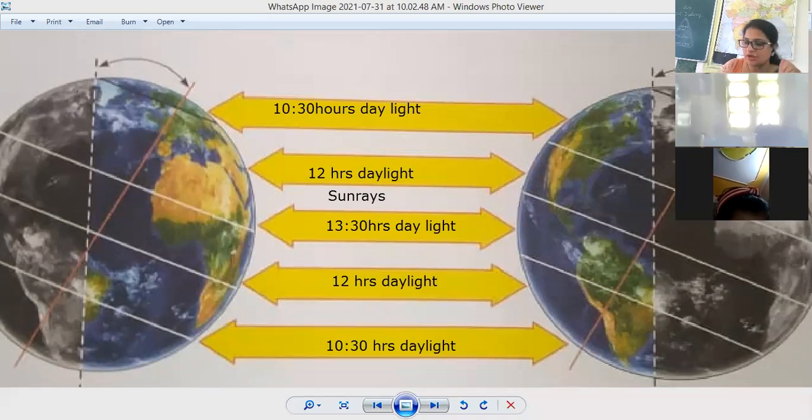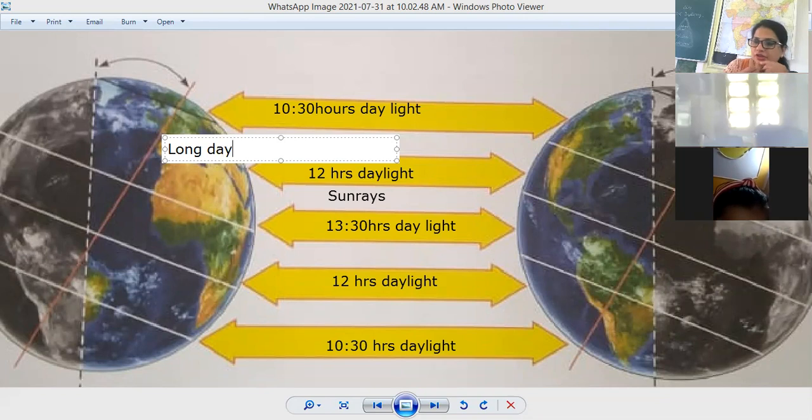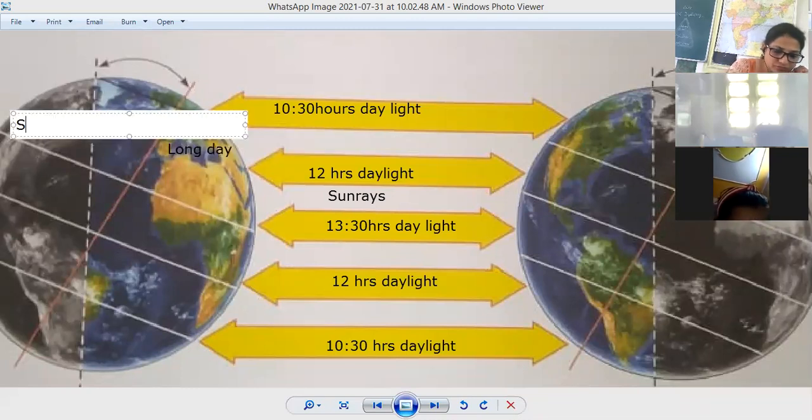Here you write down long day, because this face of the earth is on the sun side, okay? And this portion, short night. Short night.